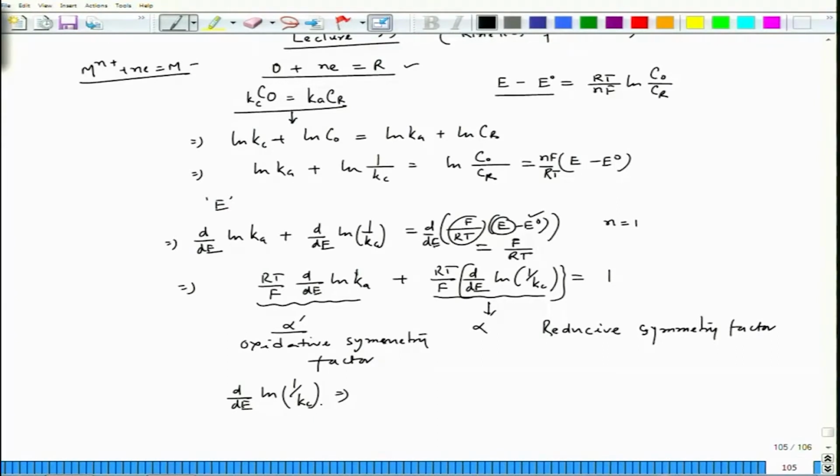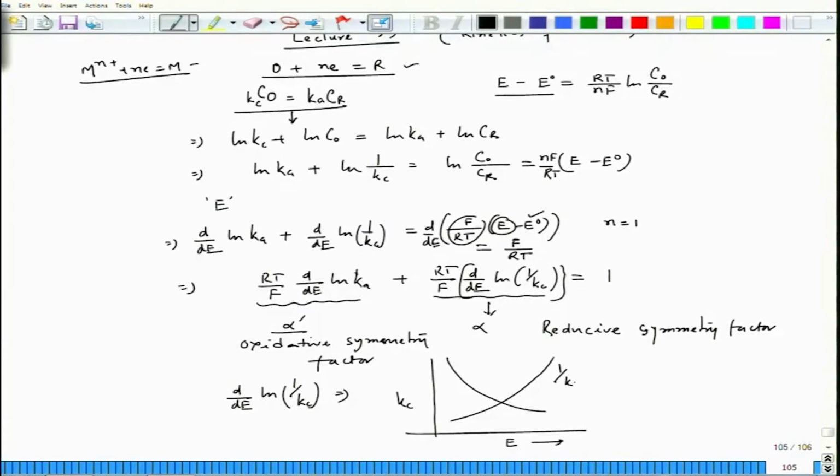If I look at this, we have already noticed that if potential is this and K_C is this, the variation would be like this, because once K_C increases, potential drops from the standard equilibrium potential, which is cathodic polarization. So 1 by K_C would be just opposite to it.